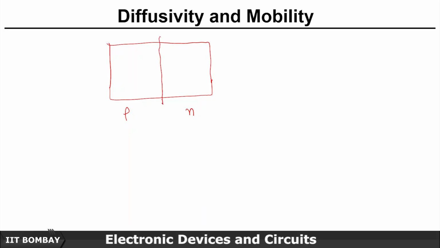This part of the semiconductor, P type, is doped with impurities which are basically acceptors. So this is a hole rich region. The impurities will carry a negative charge because they are accepting the electron from the host.